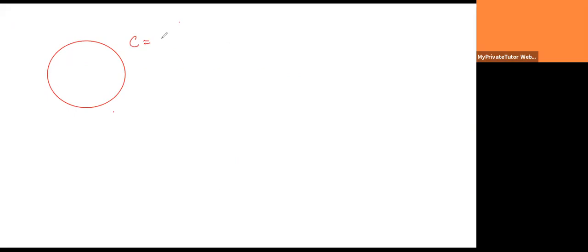So they have given the circumference as 10 pi. They asked you to find the value of the radius, and also the area of this circle. So do you have any idea how to solve this?